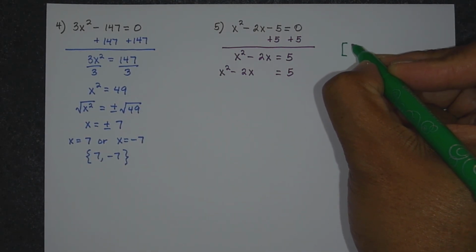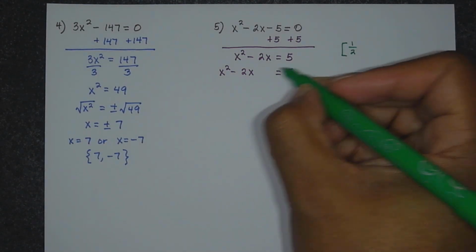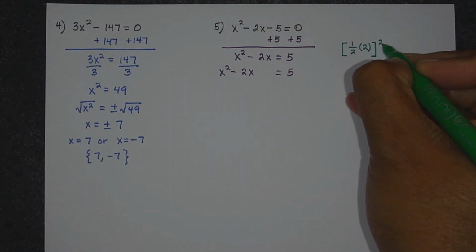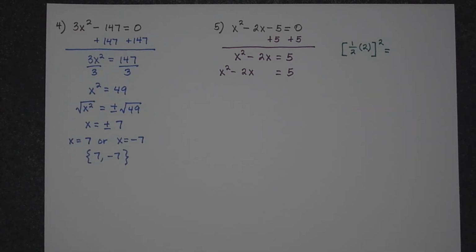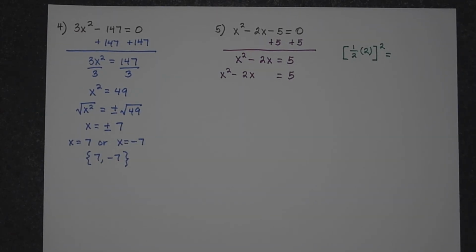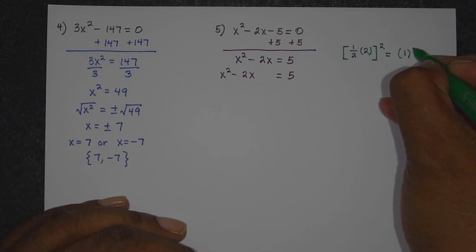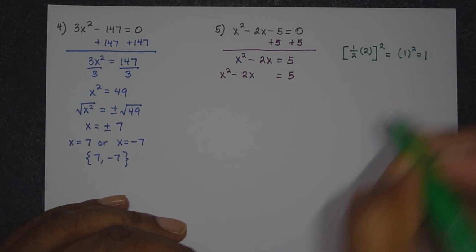So in this case here, I'm going to take 1/2 the coefficient of x, which is in this case 2, and then square it. So what's 1/2 of 2? It'd be 1, and then 1 squared is 1.